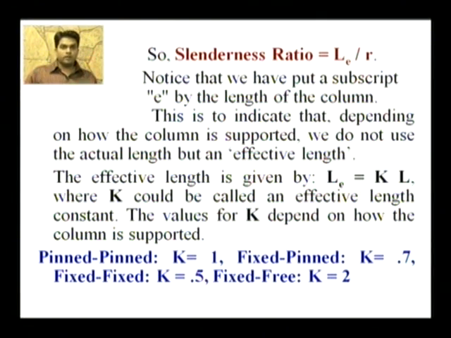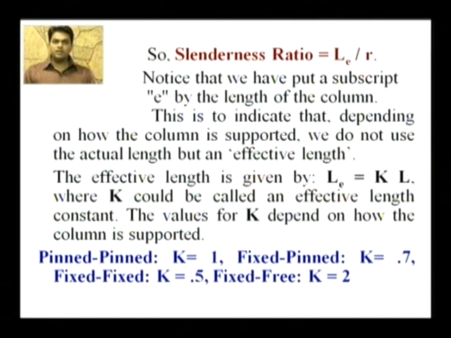When a column is pinned at both sides, we call it pinned, and K is equal to 1. When the column is fixed at one side and pinned at the other side, K will be 0.7. When the column is fixed at both ends, K is equal to 0.5.